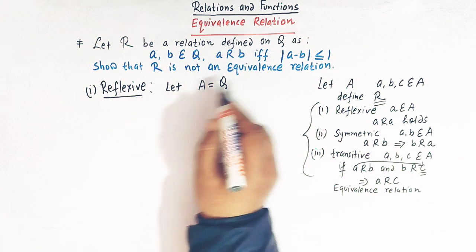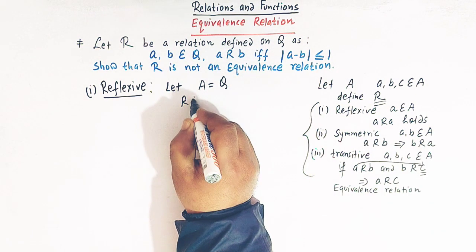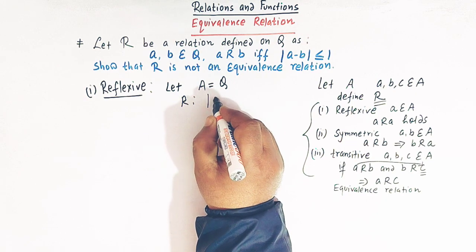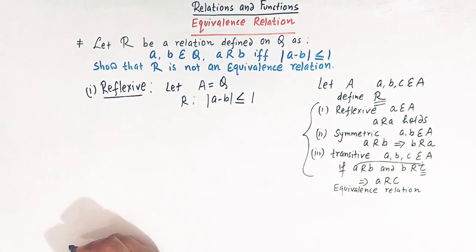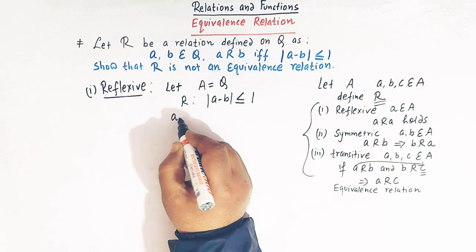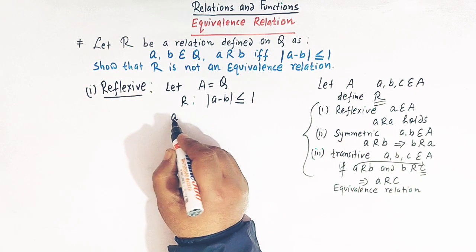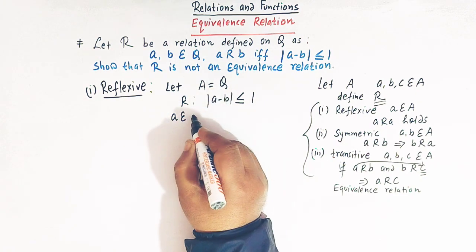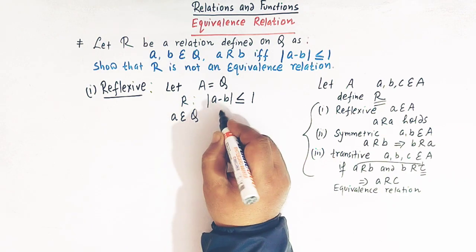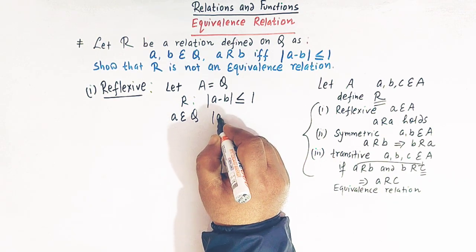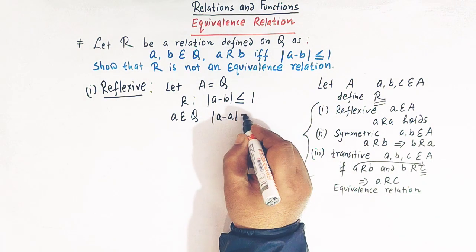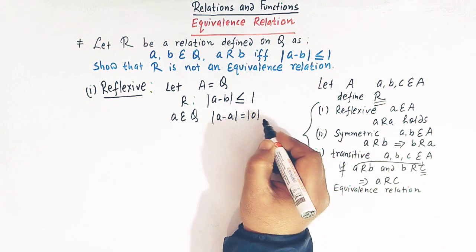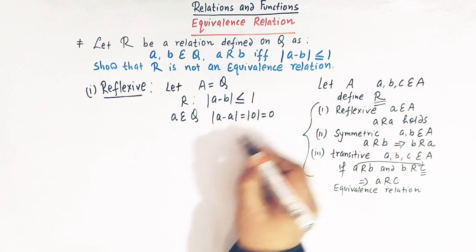Now we can see that the relation R is defined as mod of a minus b is less than or equal to 1. If we have an element a which belongs to our set Q, then we can easily see that mod of a minus a is mod of 0, and mod of 0 is equal to 0.